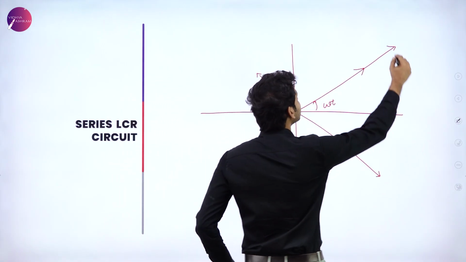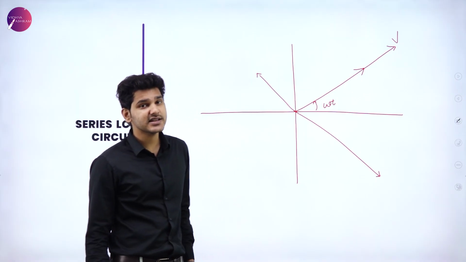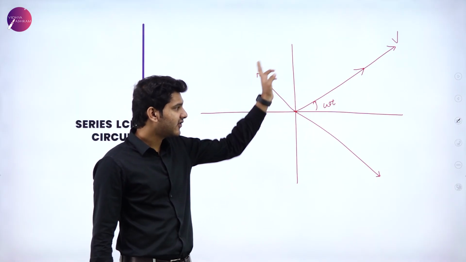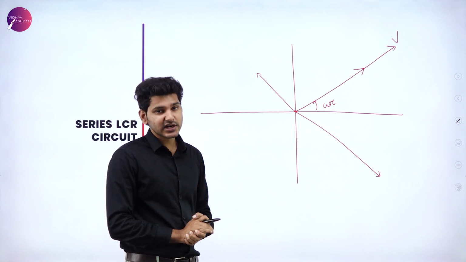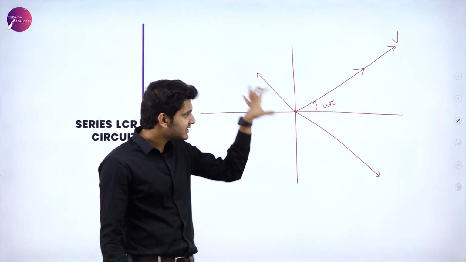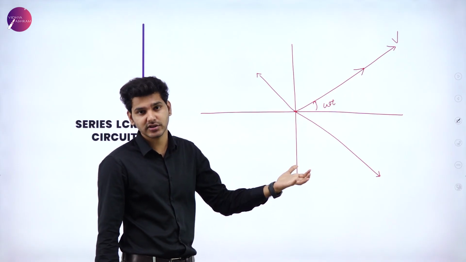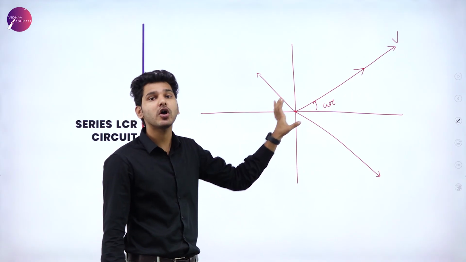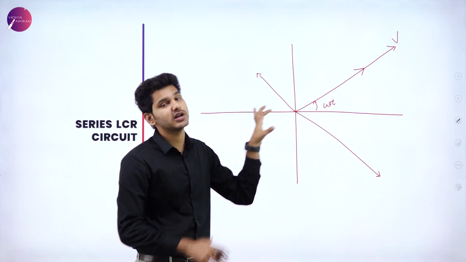Let's say this is voltage. Then this will be the combined effect. If you look at the previous classes, you know that this is a combination of all the three separate phasor diagrams put together in one.